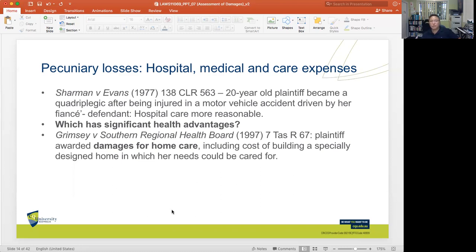The reason was that the court arrived at a decision that there were more significant health advantages to the plaintiff being taken care of in the home, rather than in a hospital.